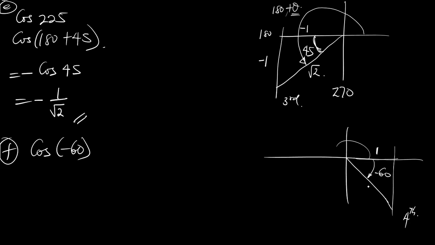You have here 1, this one 2, this is square root of 3. Now it means that cos 60 will just be adjacent all over hypotenuse. Now you see the positive side all over this. So cos minus 60 is positive. So it's the same thing as cos 60. And cos 60 is what? 1 all over 2. That is the final answer for that.